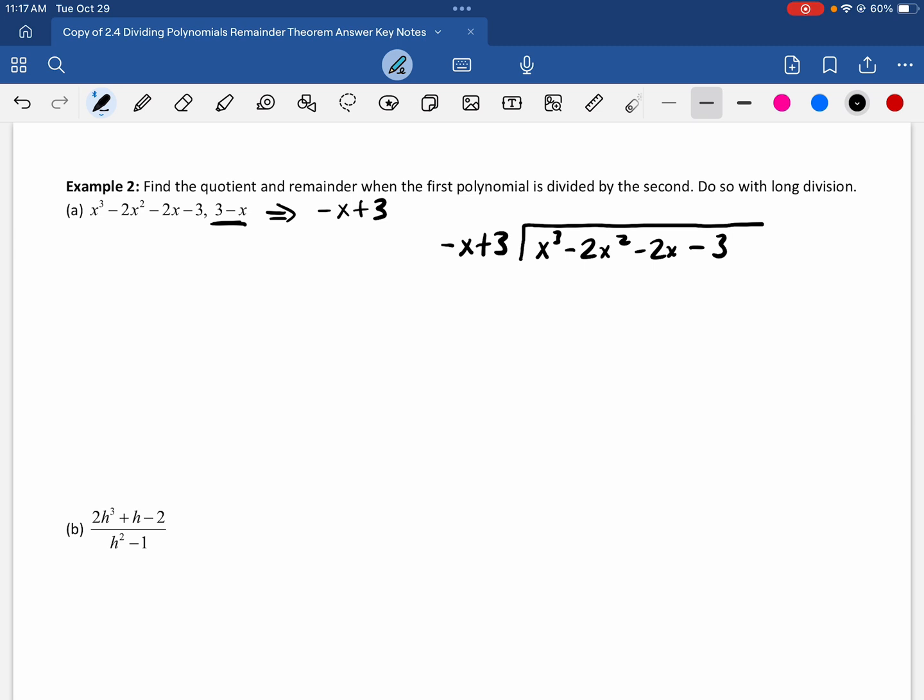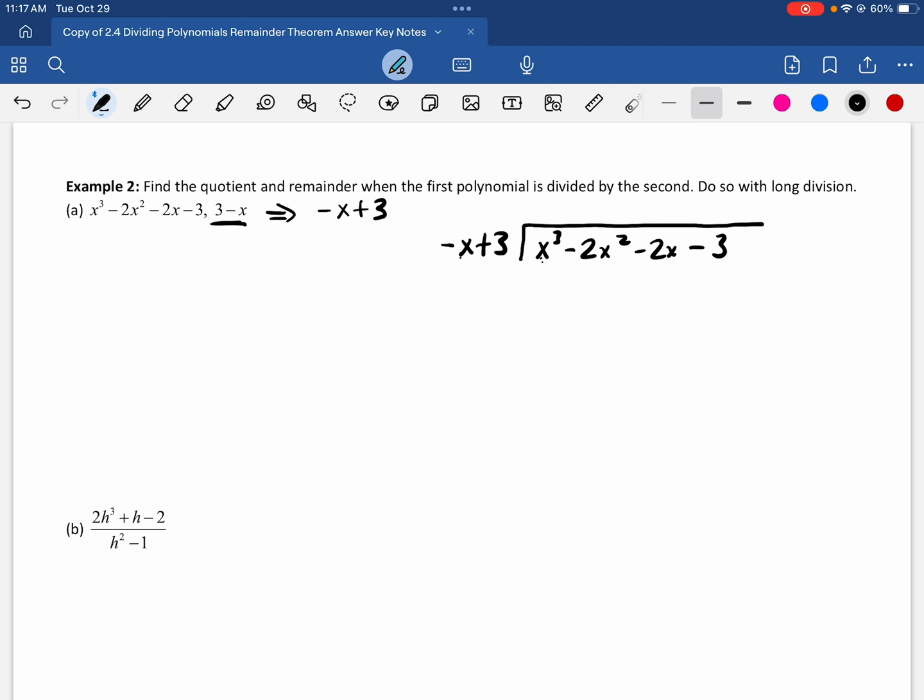To start the long division process, I'm looking at -x, and I'm going to ask myself, what can I multiply -x by that's going to give me an x cubed?